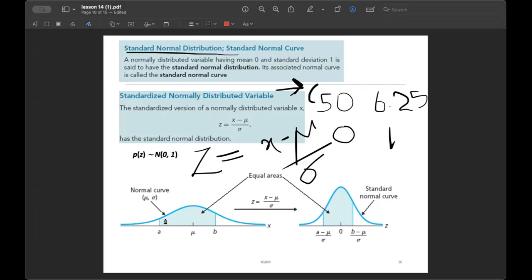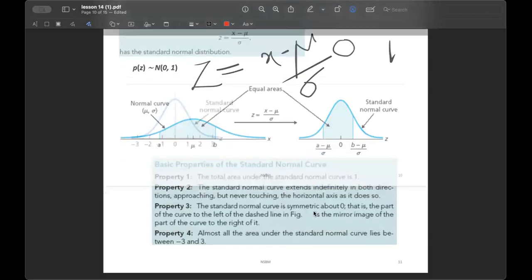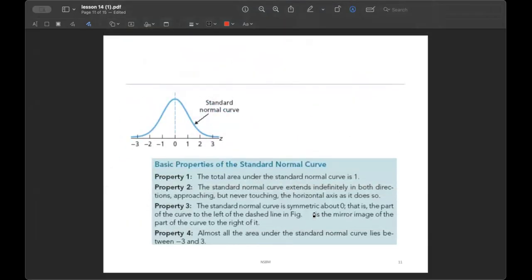But you should know both the areas are equal, in this normal curve as well as in this standard normal curve.